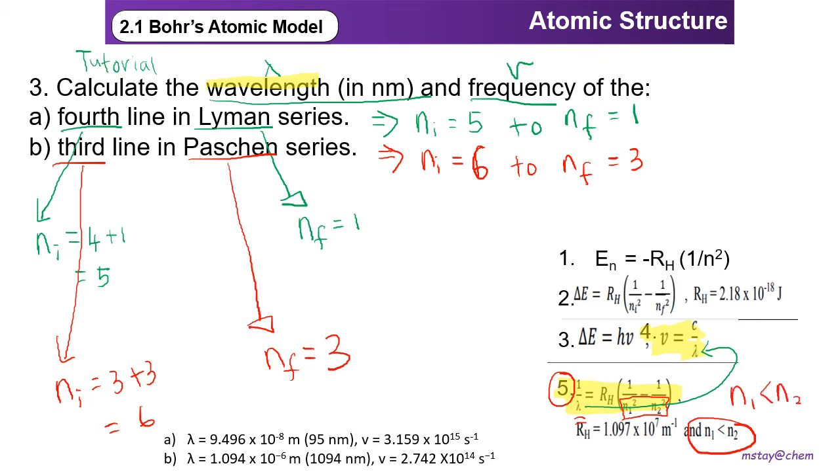So in this case, final is n1, while initial is n2. So after you get the wavelength, then you can substitute the value of the wavelength into the fourth formula, and then you can identify the frequency. Okay, so you can check the answer over here.